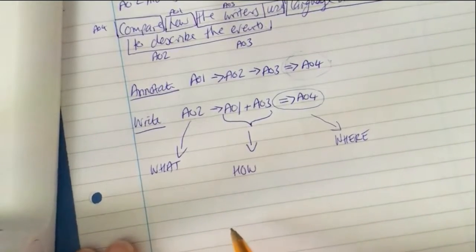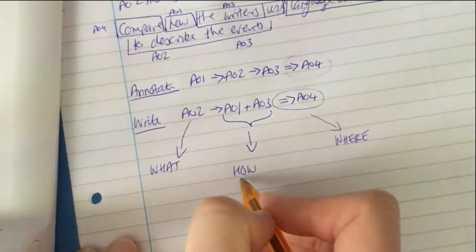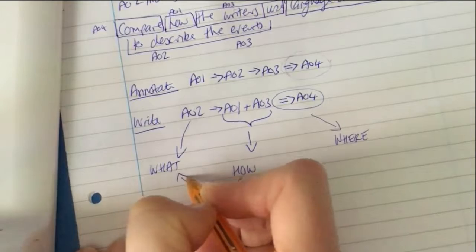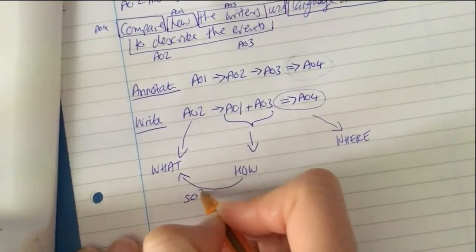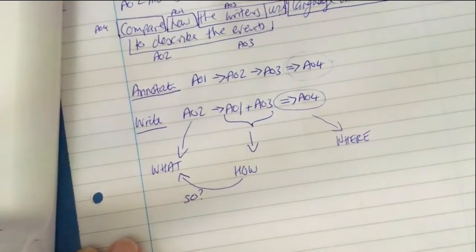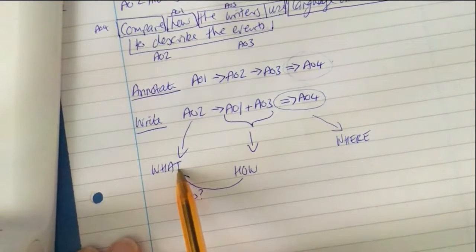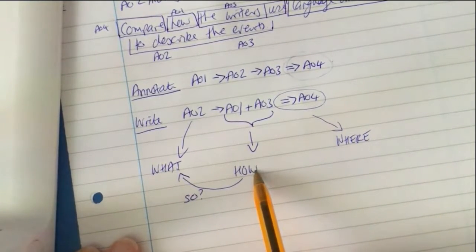Okay. The so-what is the bridge. That's the why. What has he done? What meaning have you got from it? What do you know? What do you learn? How has he done that? How has he been influenced?